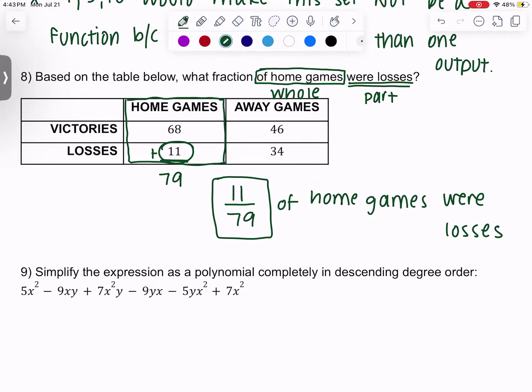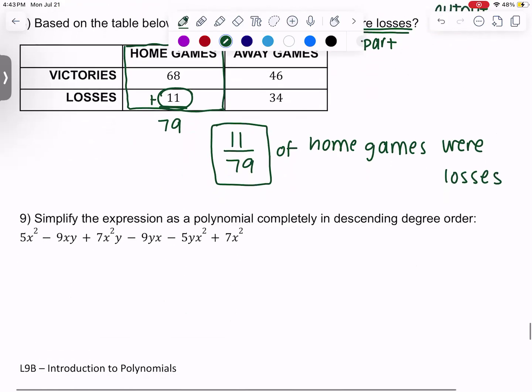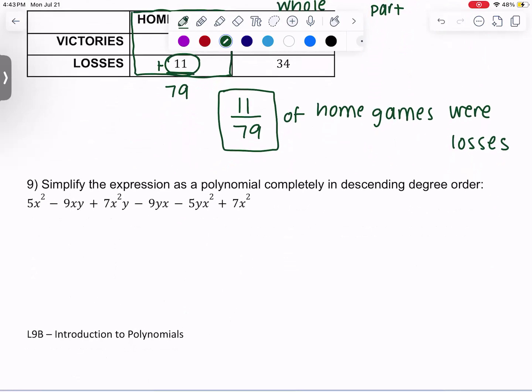Number 9, simplify the following expression as a polynomial completely in descending degree order. So it has a lot of variables in each one. Let's label all the invisible exponents. And let's also make sure y comes after x. So this one has a degree of 2. This one has a degree of 2.